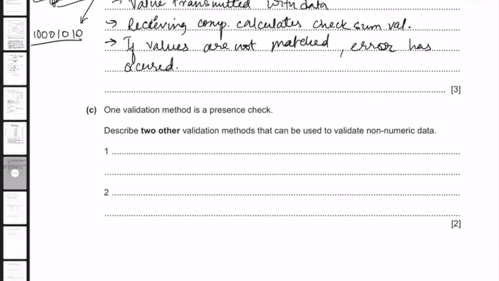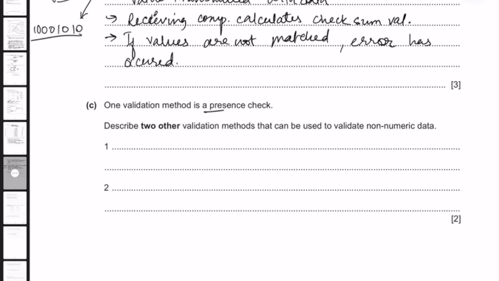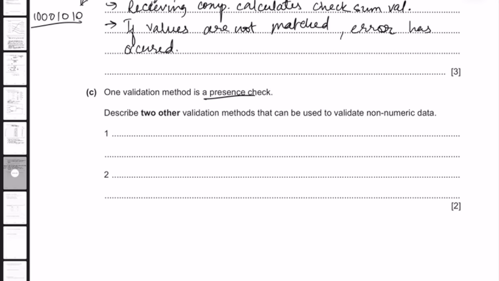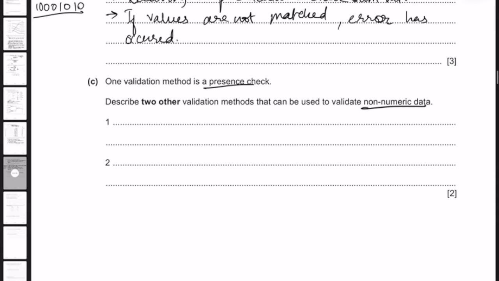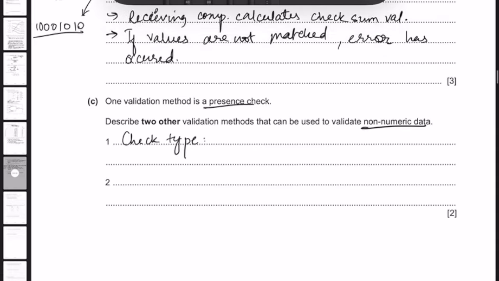Okay, next one. One validation method is a presence check. Describe two other validation methods that can be used to validate non-numeric data. Alright, so make sure you're writing for non-numeric. First one is check type. Now, in the MS, they've not just given it for the names of it, so you should write down what you mean.